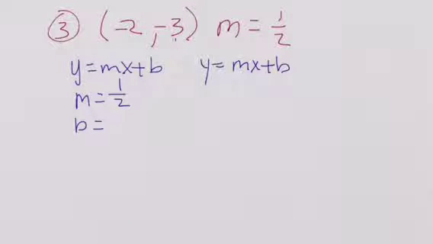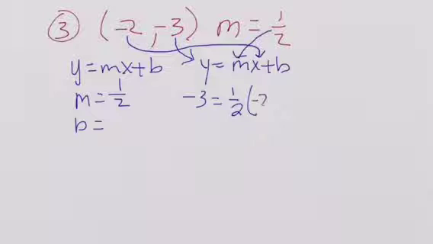My y is negative 3. My m is 1/2, and my x is -2. So -3 is equal to 1/2 times -2 plus b. So -3 is equal to -1 plus b.